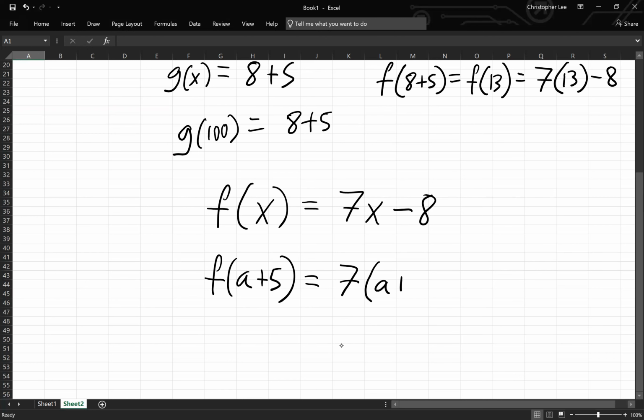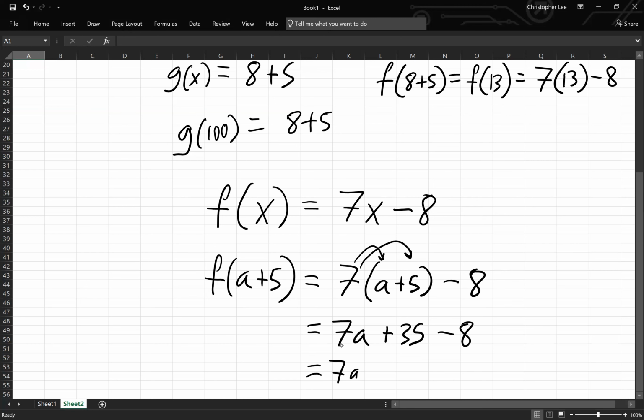You're gonna plug in the a plus 5, and then the minus 8. And then after that, just distribute. You already know. 7a plus 35 minus 8. So it's 7a plus, oh gosh, what's that? 27, yeah. That's it. That's all it is.